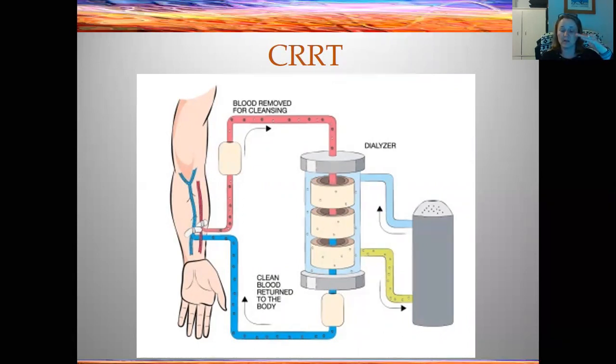So that would allow for the fluid and electrolytes to just be slowly and continuously dialyzed out, similar to what your body normally does on its own. So this is, again, used for people who are too unstable. We can use it for fluid volume overload with kidney disease.